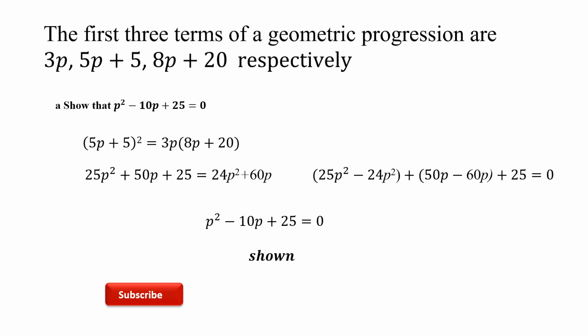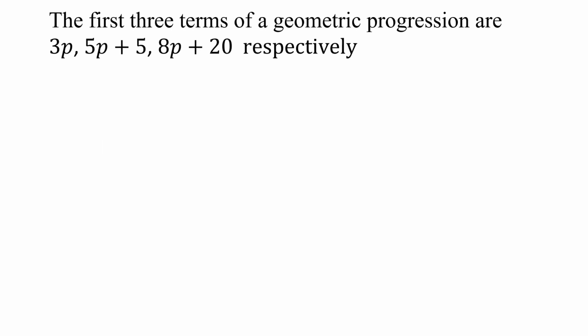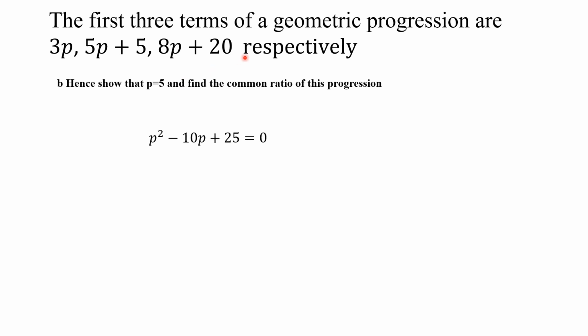So now that we have done part A of the question, part B reads, hence show that p is equal to 5 and find the common ratio of this progression. Okay, p squared minus 10p plus 25 is equal to 0. So this is a quadratic equation.